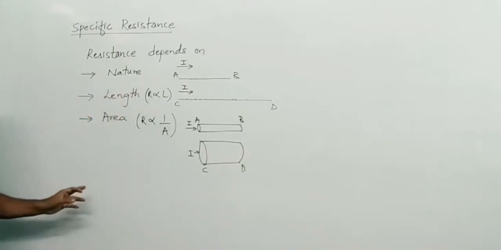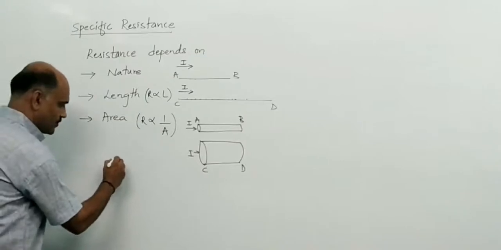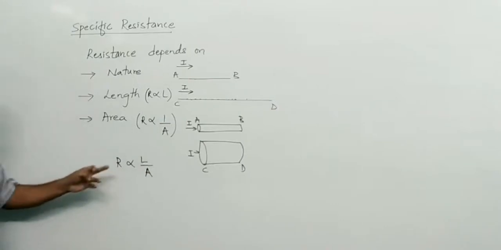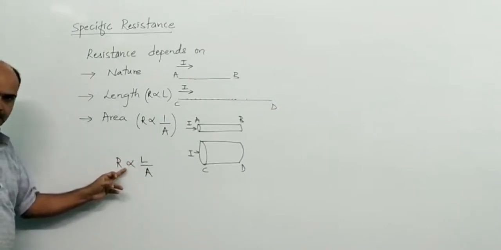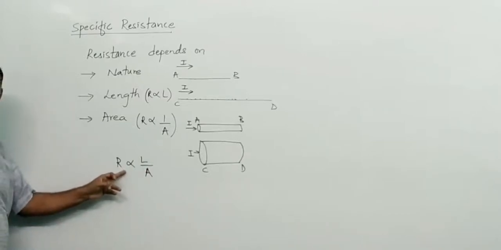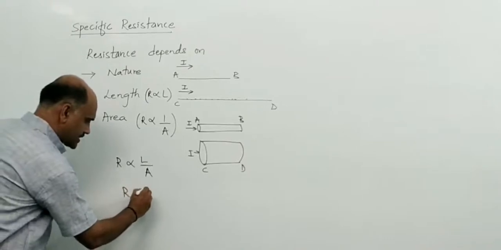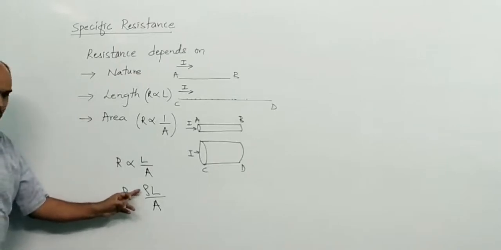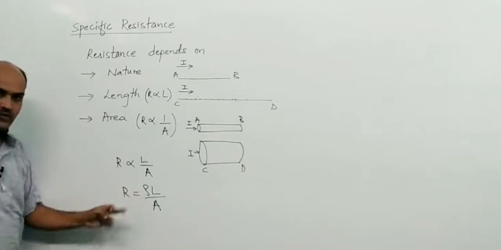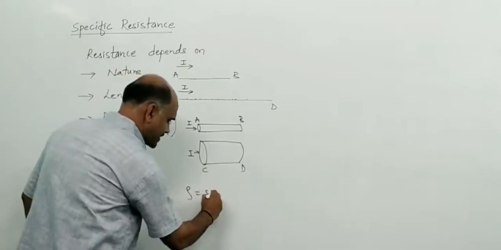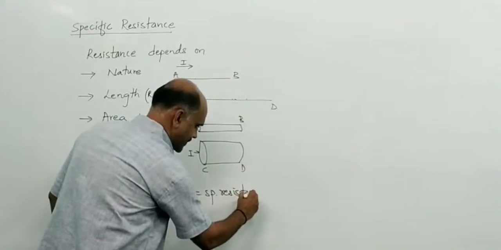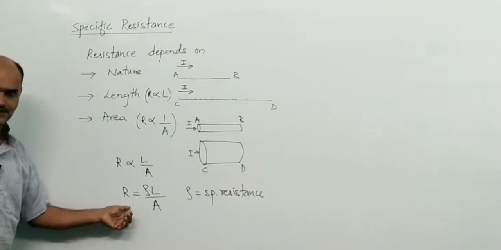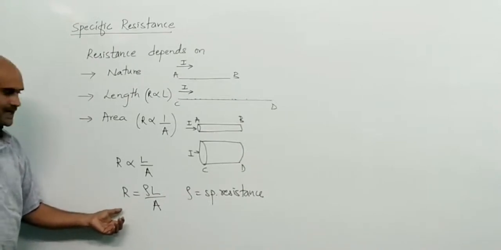If I combine these, I have R is directly proportional to L by A. If I remove the proportionality sign, I will have R is equal to rho L by A, where rho is called specific resistance or resistivity. R is equal to rho L by A.